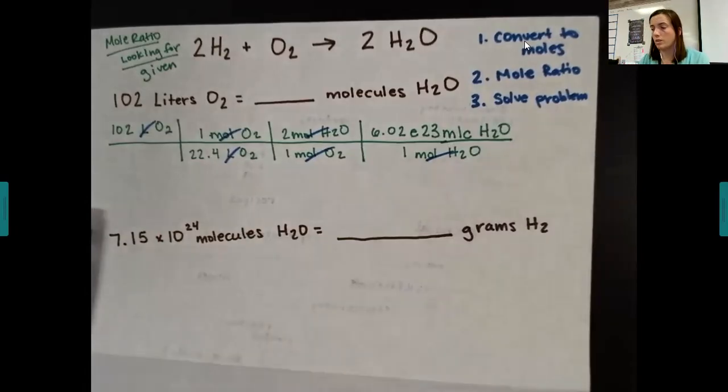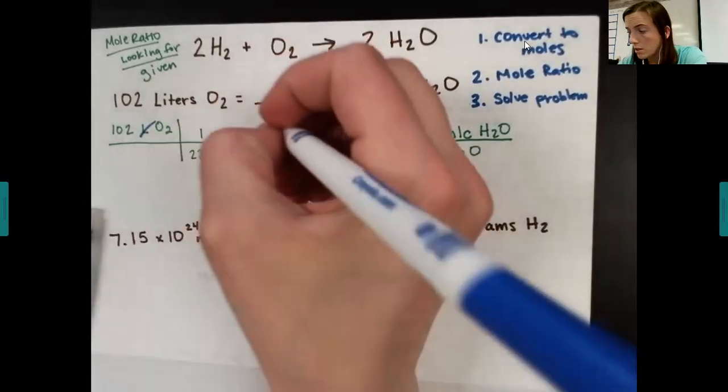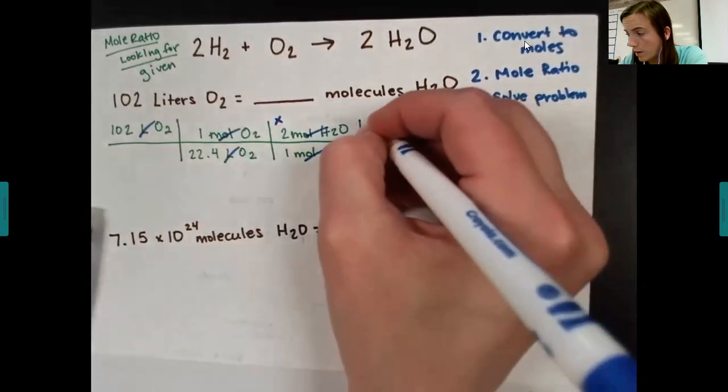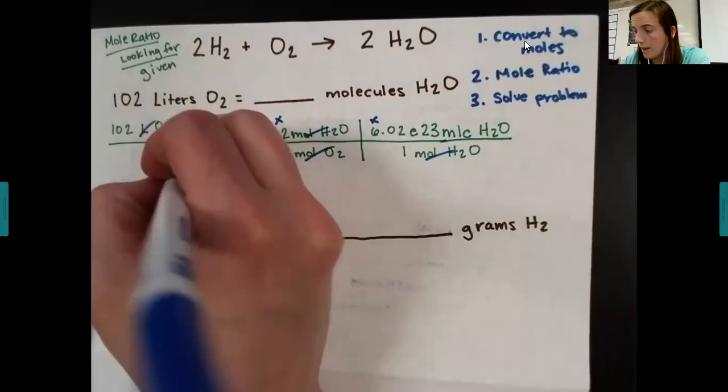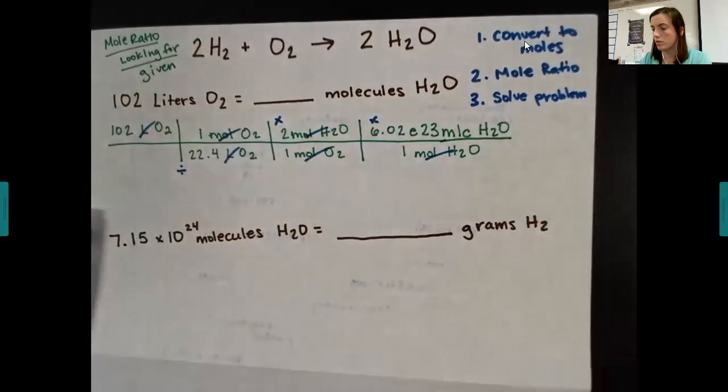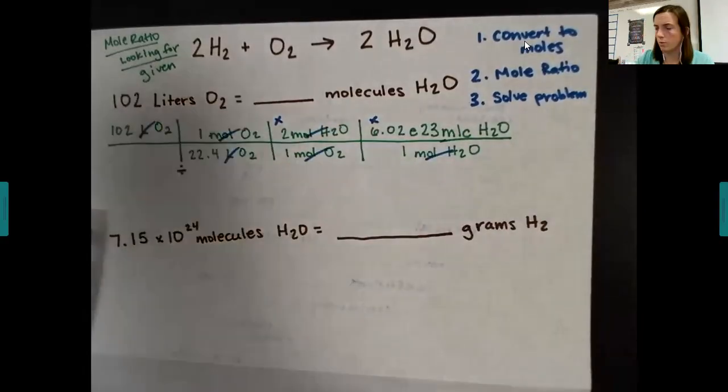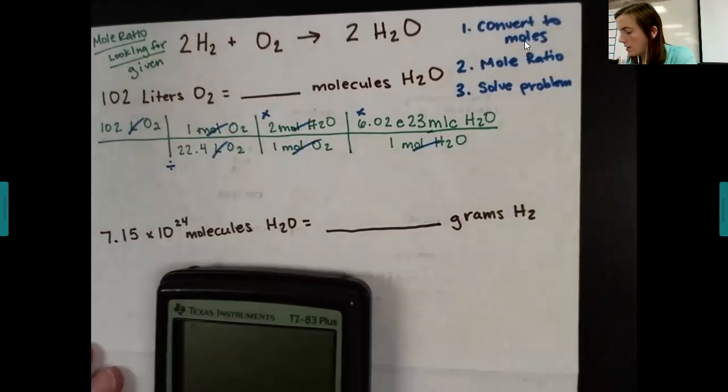So I know I'm on the right track. All right, and what do we say we do to the numbers on top? We multiply. And what do we do with the numbers on bottom? Yeah, we divide. So when I put this one into the calculator, I get 102 divided by 22.4 times 2 times 6.02 E23.